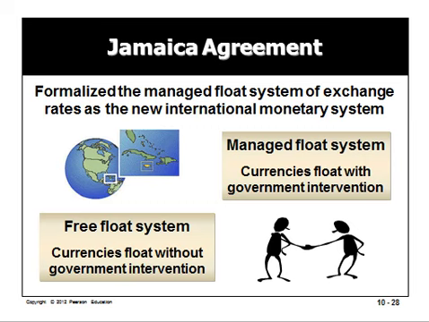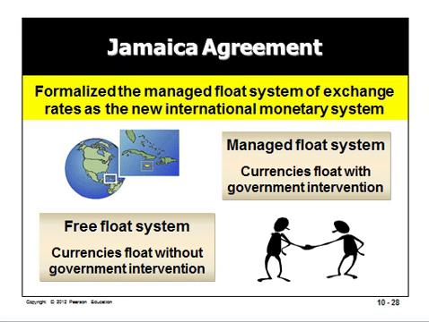A managed float system emerges. The new system of floating exchange rates was to be a temporary solution. Instead of the emergence of a new international monetary system, there emerged several efforts to manage exchange rates.